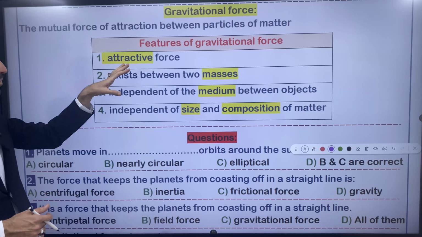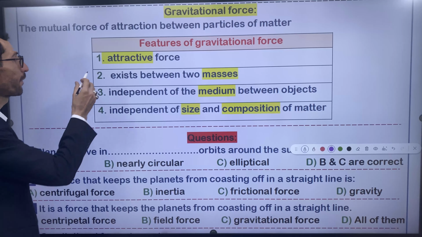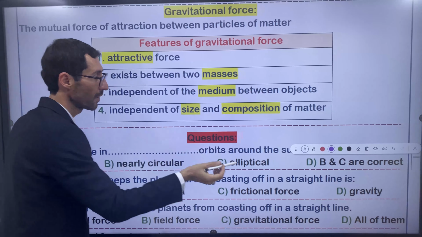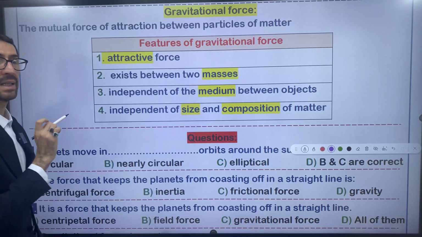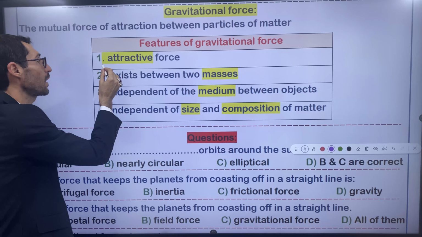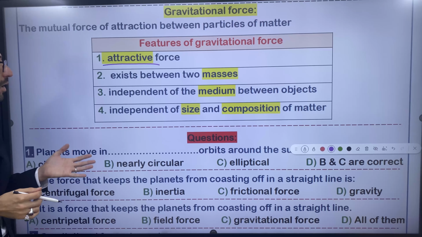Let me read them for you. What are the features of gravitational force? The first one is that it is attractive. I told you gravitational force is never repulsive. It's attractive forever.